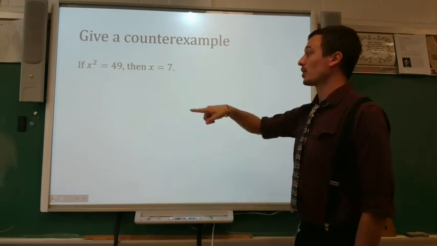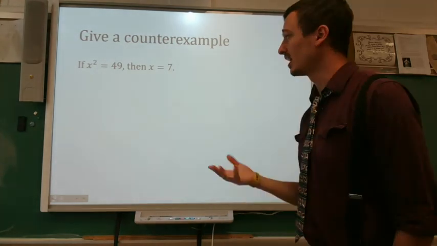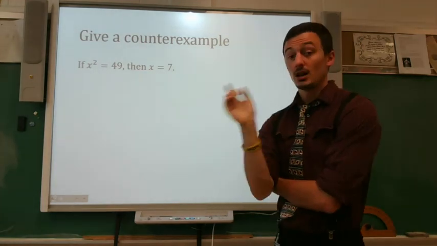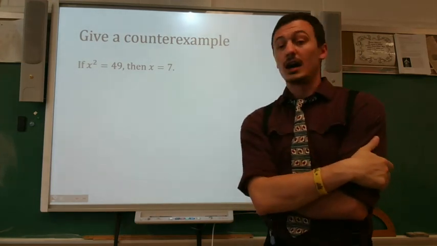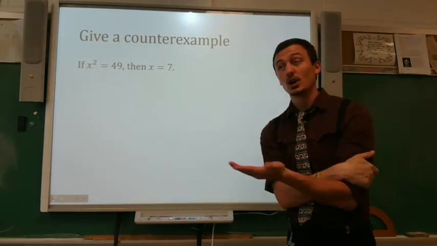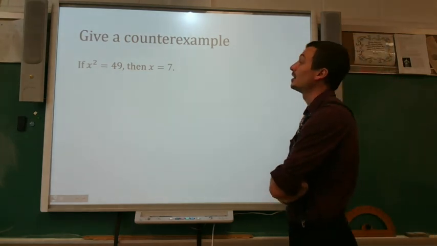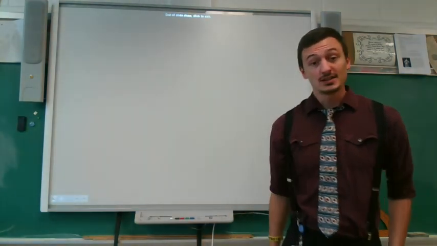If x squared equals 49, then x equals 7. This is a tricky one because that seems like the only value. x has to equal 7, right? No, x could equal negative 7. So negative 7 is the counterexample for this conditional statement. And that's it. Cool.